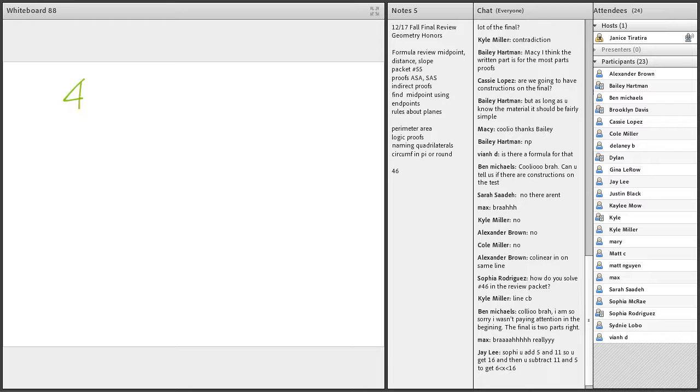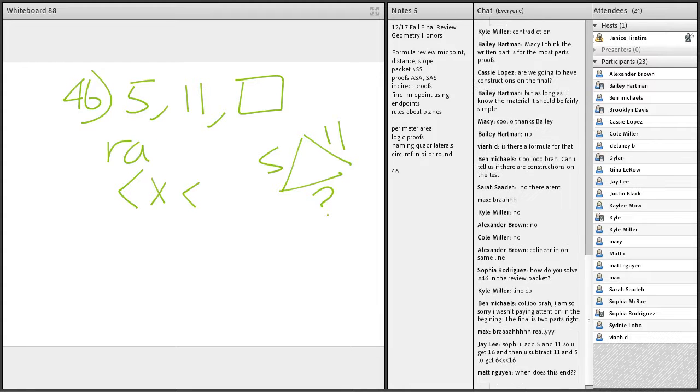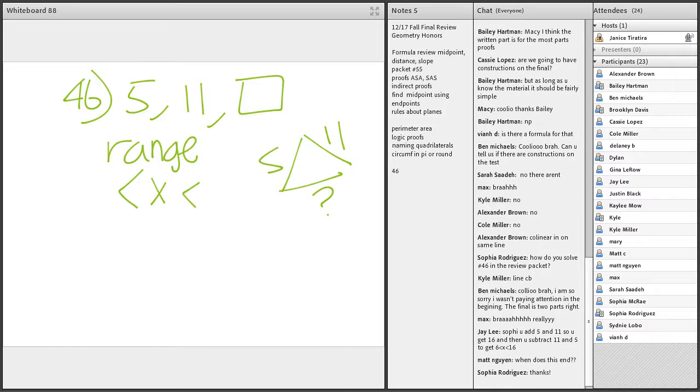So I think 46, let me go out of order just to go through what Jay is saying. To make a triangle, we're saying 5, 11, and what could this be, right? The trick is, if you're trying to find the range of numbers to create a triangle, you subtract the numbers, and then you add the numbers, just like Jay said.